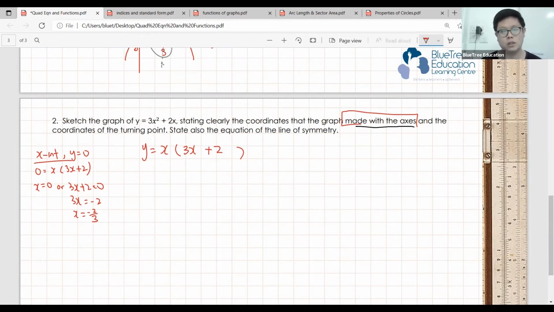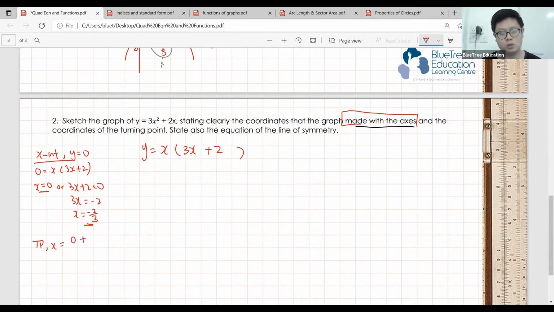Now, how would you get to the turning point if you start out by finding the x-intercepts? Remember that the turning point is located in the exact middle between the two x-intercepts. So to find the x value of the turning point, the x of the coordinate will basically be the mean of the two x-intercepts.